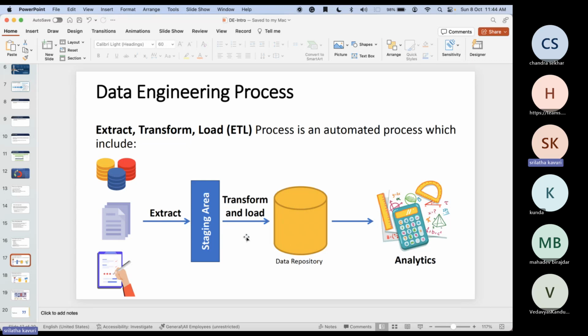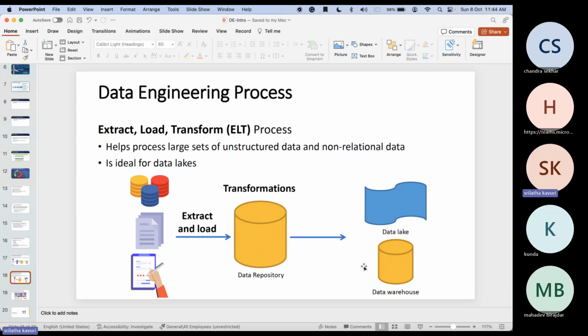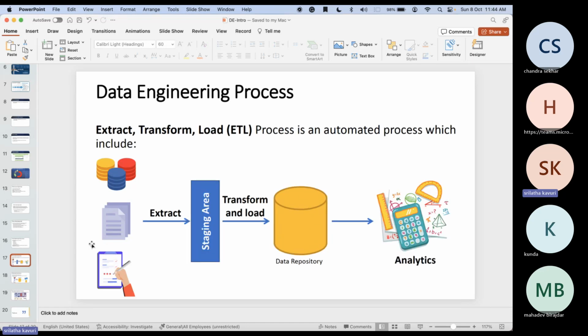There the data will be processed and then stored in some destinations, as we mentioned: it can be an algorithm, the BI team, or the data scientists, whoever it can be. But the data engineer majorly deals with collecting, transforming, and loading. That is the ETL process.